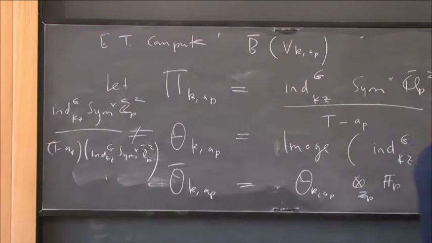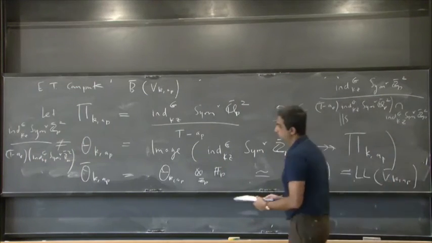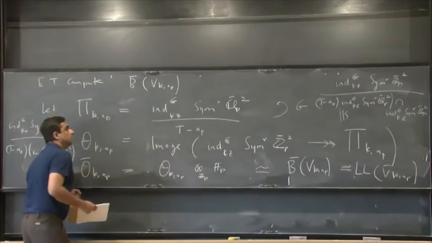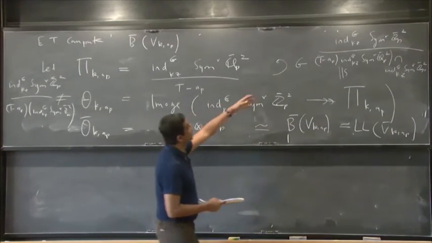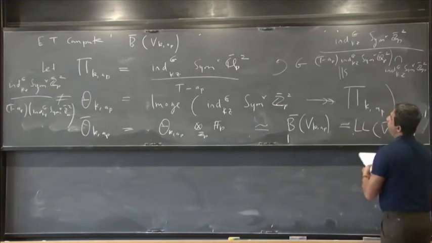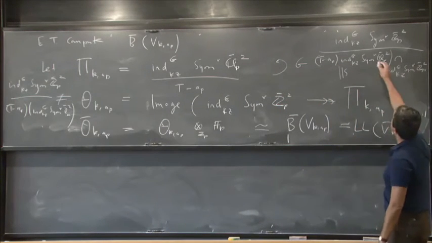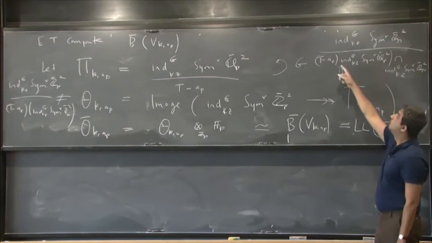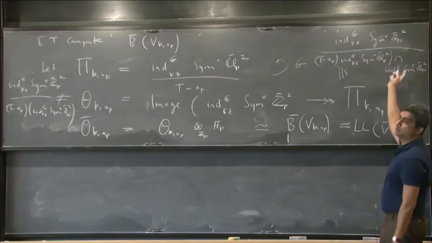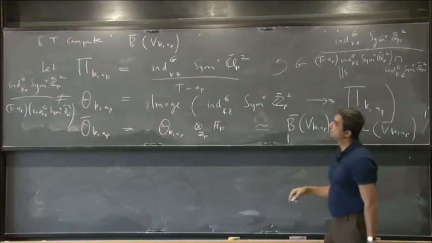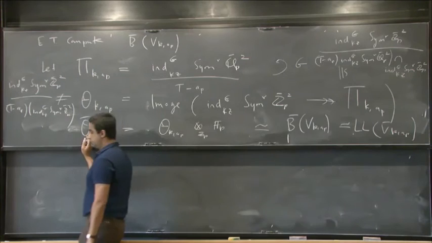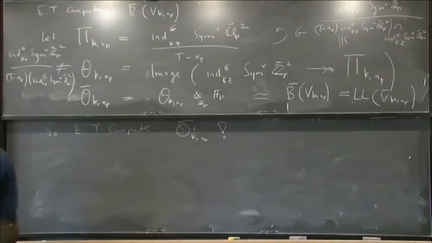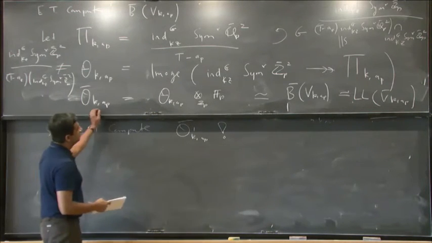It's actually this slightly more subtle thing, but it's fairly obvious from the definition. And so to compute theta bar, one uses this description of theta quite often. You work with functions with some mild denominators, such that after you apply the Hecke operator to them, they become integral. Those are the functions that are going to be in theta, and reducing mod p, they're going to be in theta bar. So it's enough to compute theta bar.